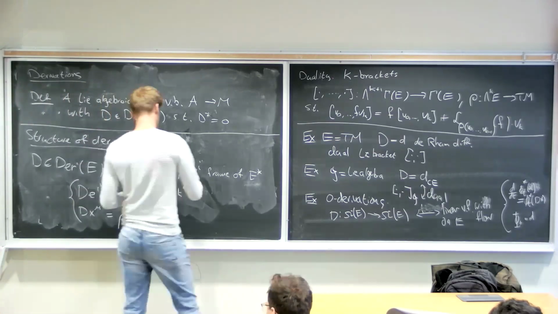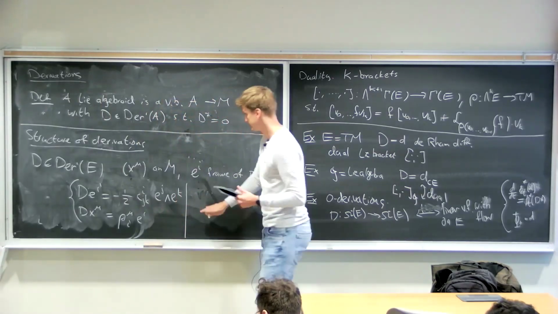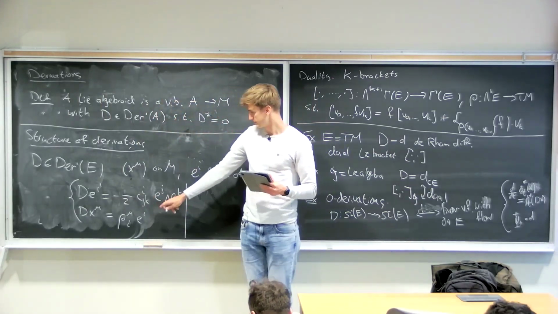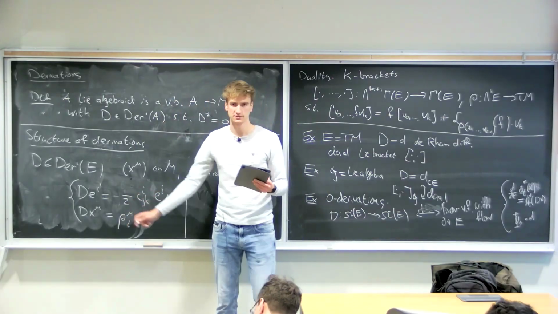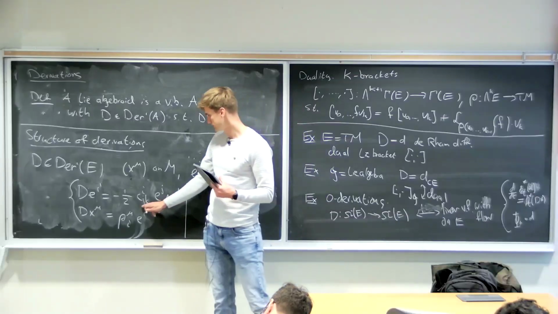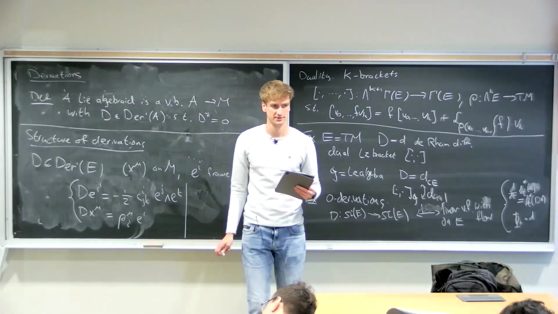Of course, you have a corresponding bracket. The bracket can be completely defined in terms of these structure functions. These are the things we call structure functions of the derivations.